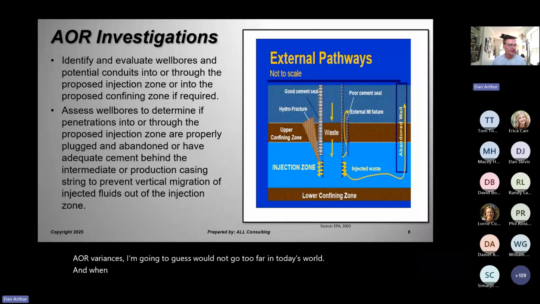And when we look at these investigations of AOR, it's really this basis of the zone of endangering influence which you're looking at.